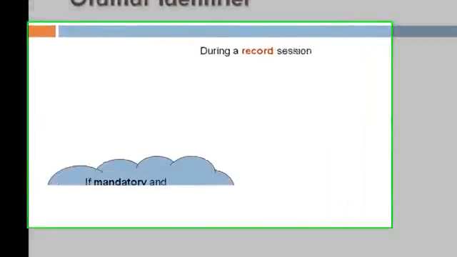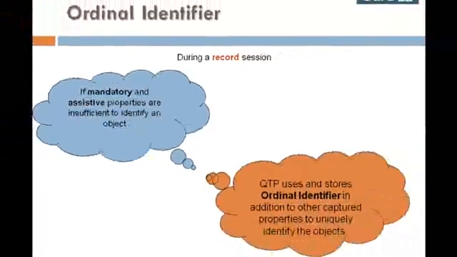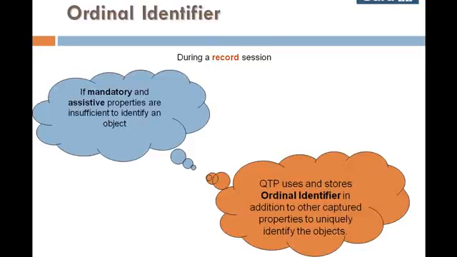Ordinal identifiers come into effect during record session. If mandatory and excessive properties are insufficient to identify an object, QTP uses and stores ordinal identifier in addition to other capture properties to uniquely identify the objects.